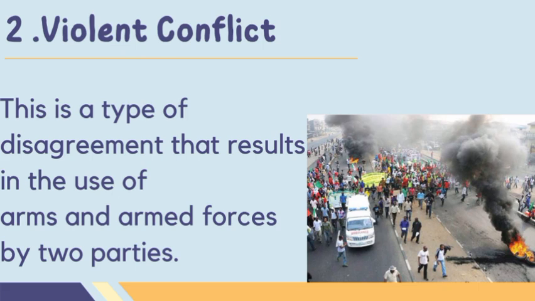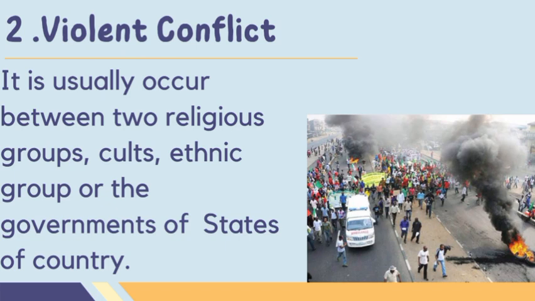It usually occurs between two religious groups, cults, ethnic groups, or the government of a state or country. So this is the type of conflict that has to do with the use of arms, weapons, guns, cutlasses, and armed forces by two parties.